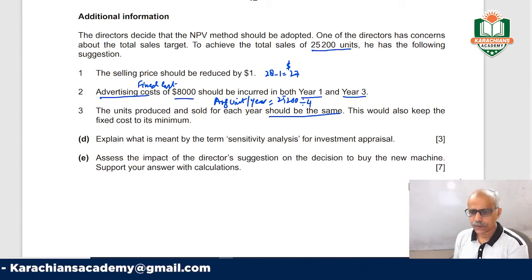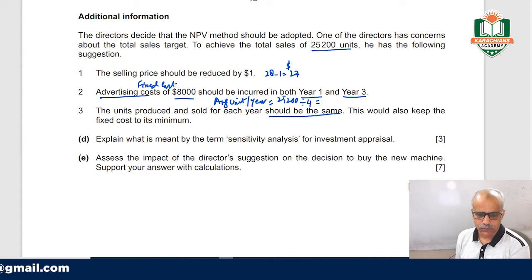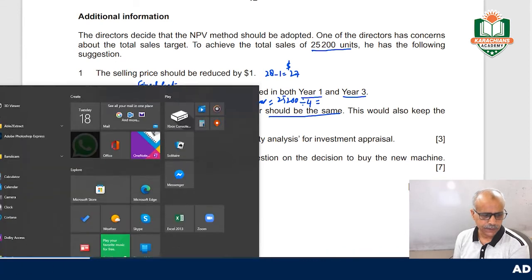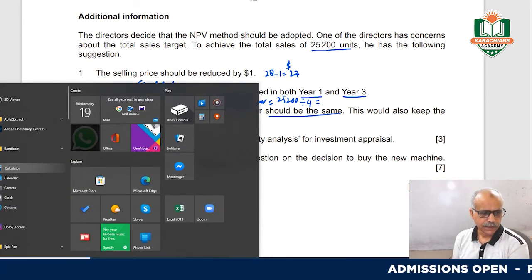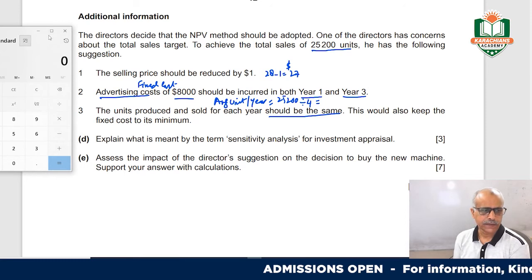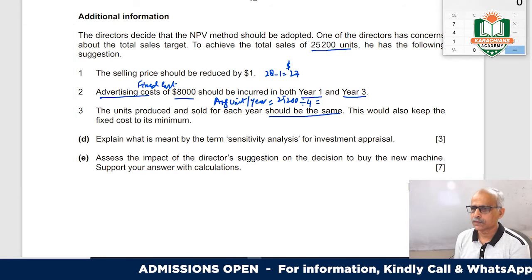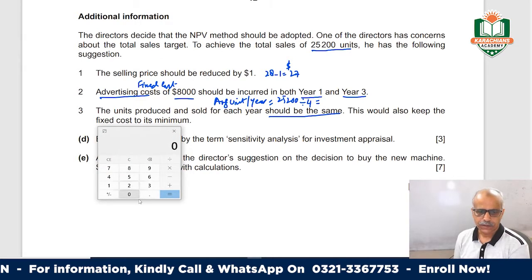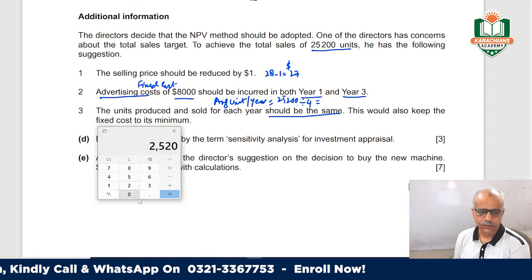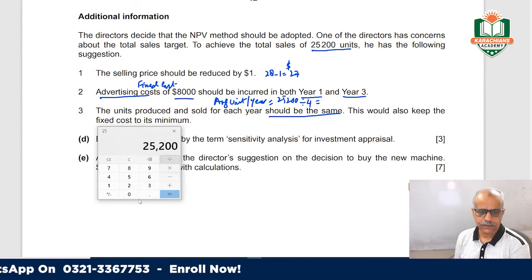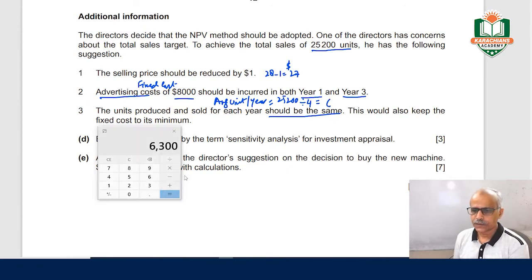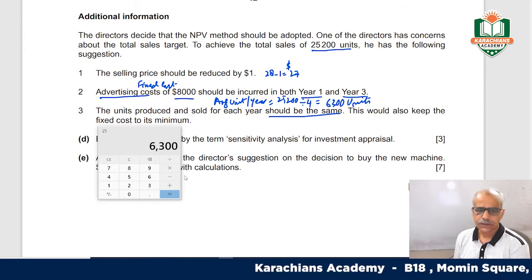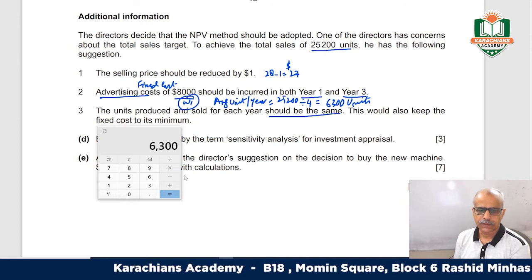So divide this by 4 years. So how much would it be? Just 1 minute. Let me get the calculator. So 25,200 by 4, 6,300 units. We can say this is working number 1.